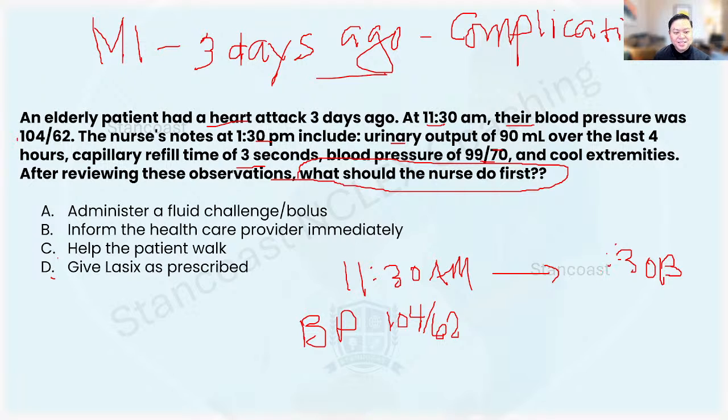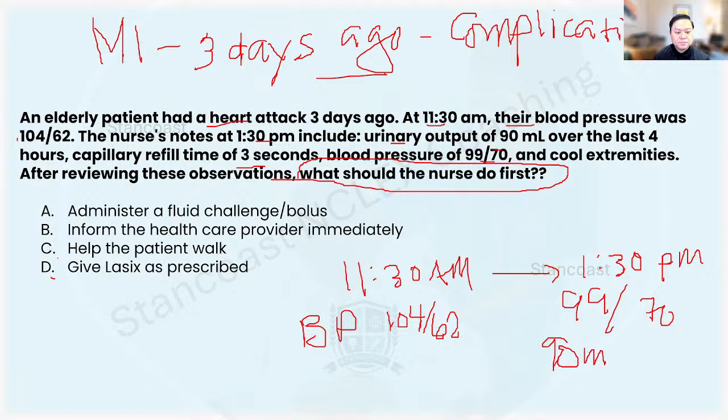At 1:30 p.m., the blood pressure is now at 99 over 70, and the urinary output is 90 mLs for the 4 hours. And cap refill is 3 seconds. I don't like these assessment findings. And there's also cool extremities.